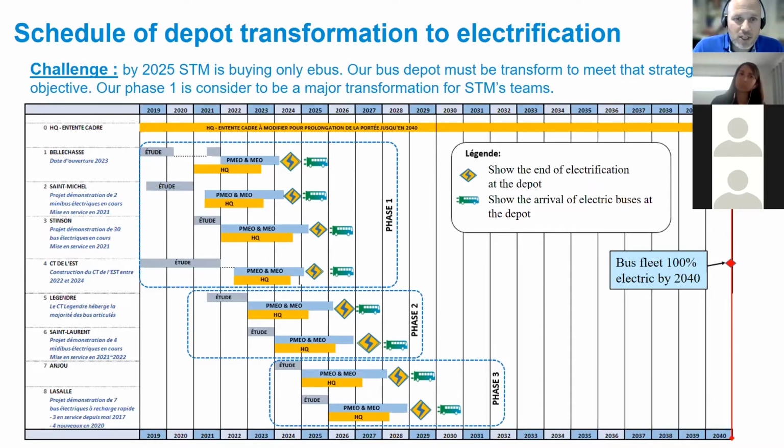We will electrify Bellechasse by 2025 to have a fully electrical bus depot, and we might welcome our first e-buses at Bellechasse in 2024. We have some projects ongoing right now that we will show you in a minute. But Bellechasse will be our first underground depot ready to welcome a fully electrical fleet of buses.